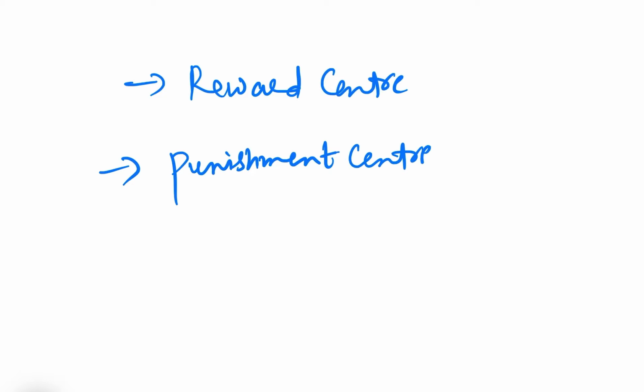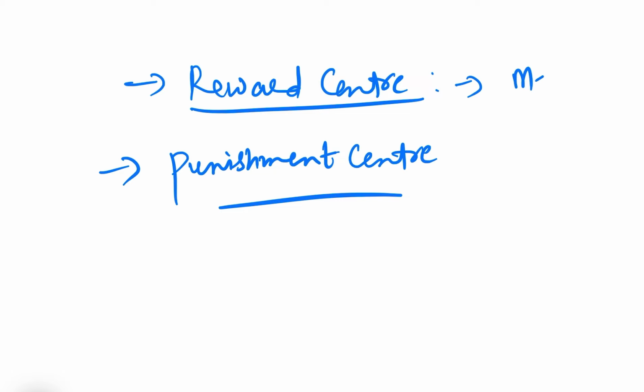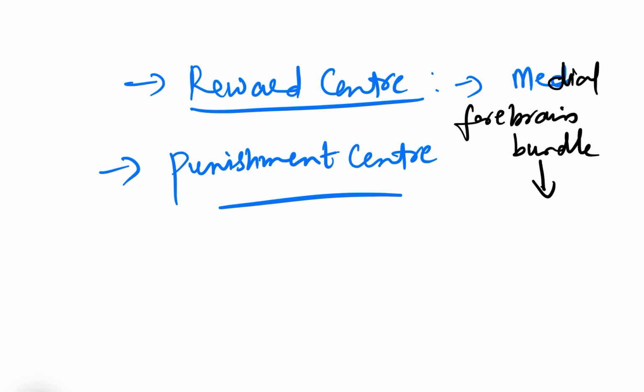So the reward center is located along the course of the medial forebrain bundle, especially in the lateral and medial forebrain bundle, that is in the lateral and ventromedial nucleus of the hypothalamus.